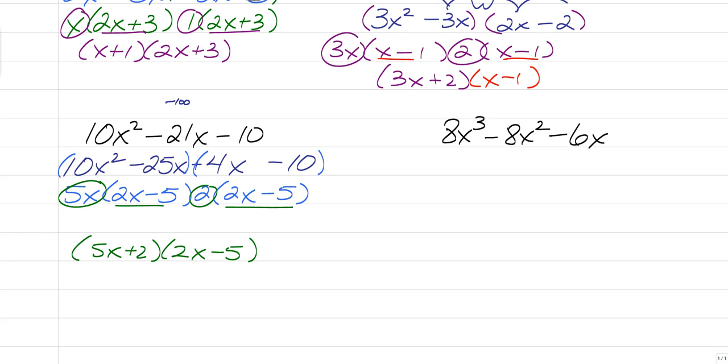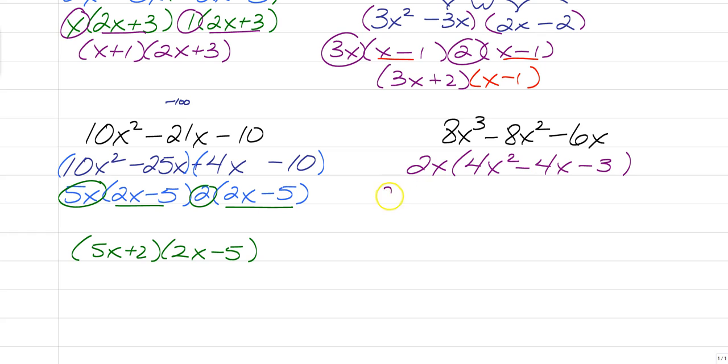I hope you caught the curveball. You could factor out a 2x here first. That's the first thing you should always look for, is a greatest common factor. As soon as you do that, you have your 4x squared minus 4x minus 3. From there, you split your middle term again.